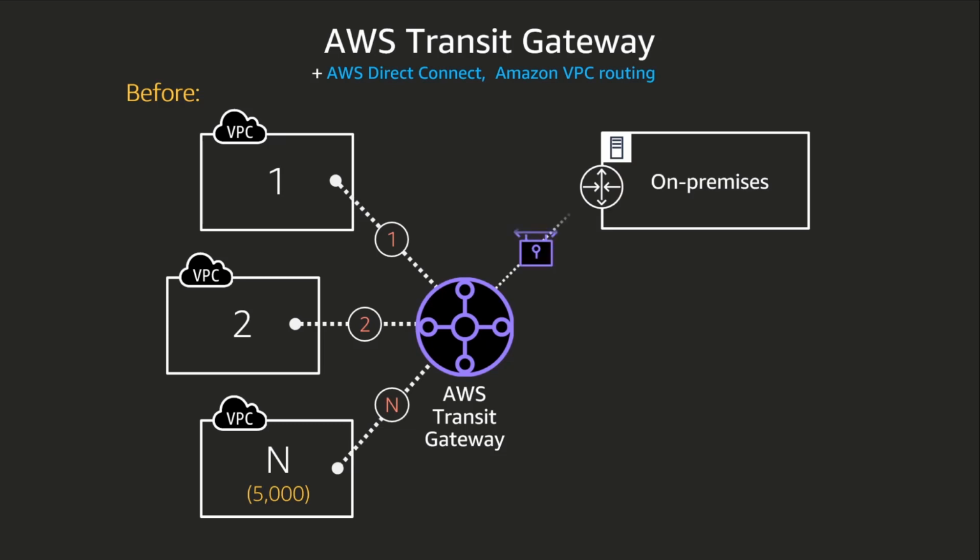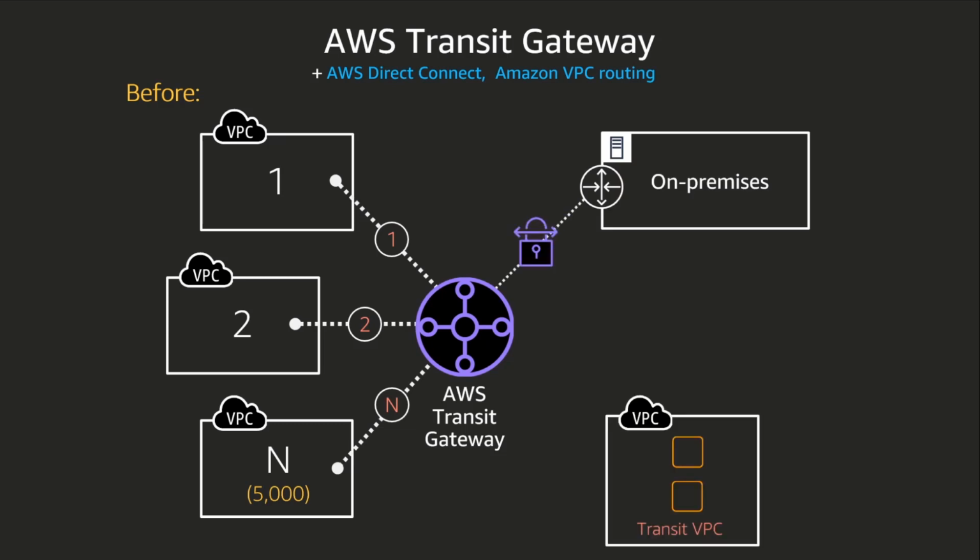We can also then take our on-premises and connect via VPN to the Transit Gateway. And in a lot of cases, which is interesting, we're actually seeing the Transit Gateway be used as a connectivity point for Transit VPC. So we actually built Transit Gateway to help with customers that were building Transit VPCs, so they wouldn't have to build Transit VPCs anymore.